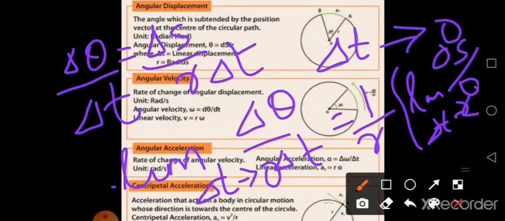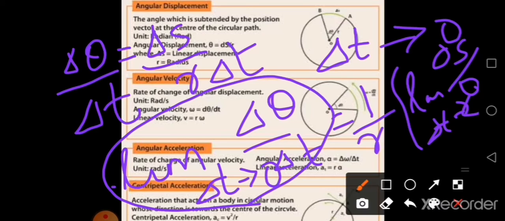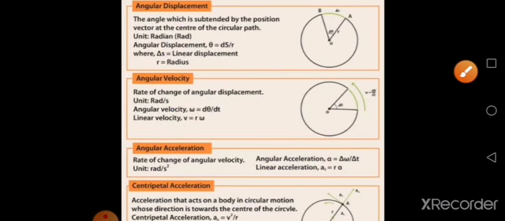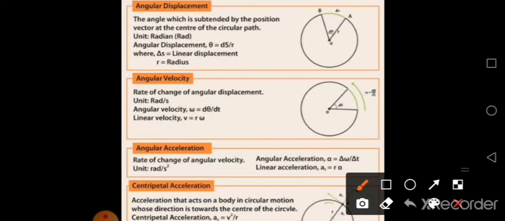Now, this limit delta t tends to 0, delta theta upon delta t, this is your angular velocity, the rate of change of angular displacement with time, none other than your omega, isn't it?